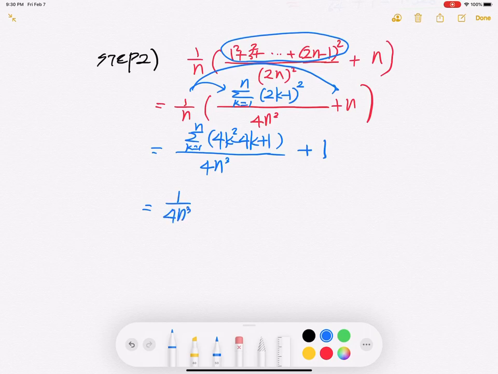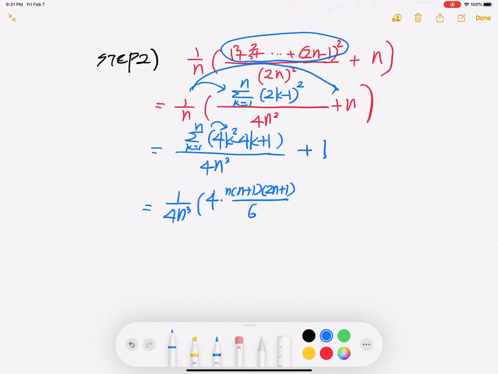Okay, 1 over 4n cubed, and then I use the sigma formulas. Sigma 4k squared, right? The coefficient came to the front. Sigma k squared, what was the formula? n times n plus 1 times 2n plus 1 over 6. I gave you this formula in the LRAM video. Go back to that video, the LRAM Riemann sum, where I gave the sigma formulas.